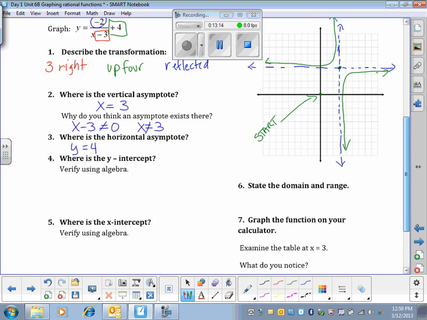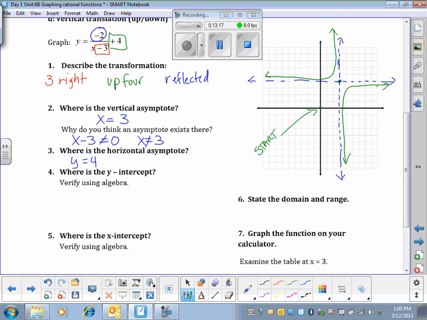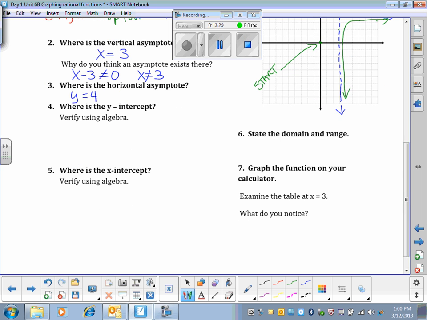All right. So how do we find the y-intercept when we're trying to find it with an equation? When we find the y-intercept, what is the x value? 0. So we're going to let x be 0.